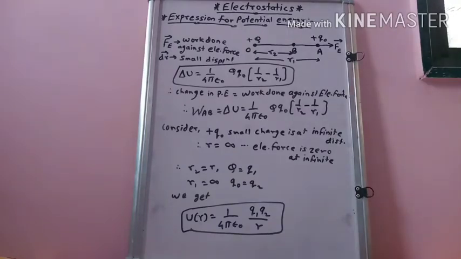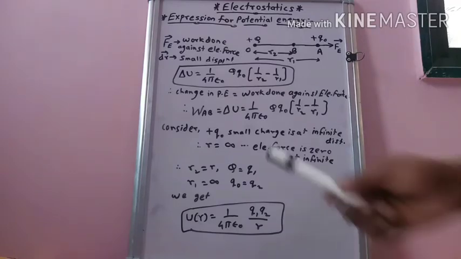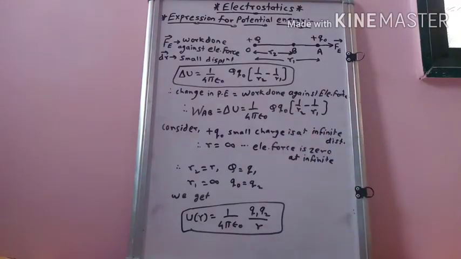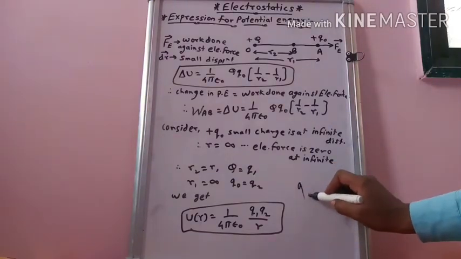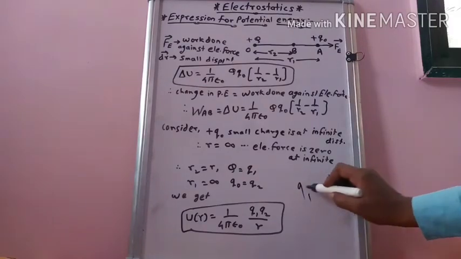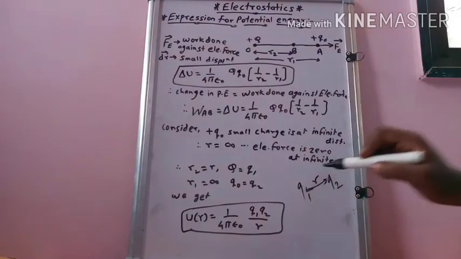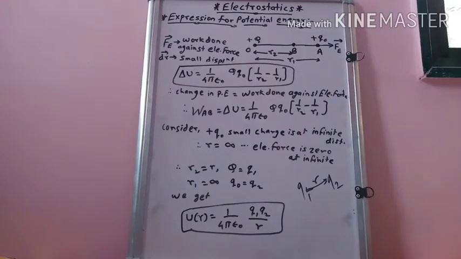Then we consider the potential energy U of a system. We determine the potential energy U of a system of two point charges Q1 and Q2. Suppose these are the charges Q1 and Q2, and the distance between these two charges is small r.